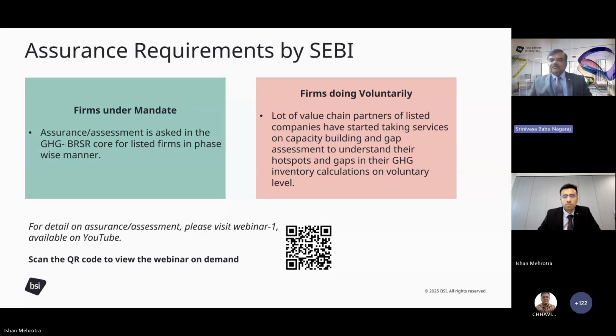However, what we have seen is that many listed companies have started talking to their value chain partners. Number one is to increase awareness. Number two is to enhance capacity building. And more importantly, to understand the gap with respect to their GHG inventory calculations.